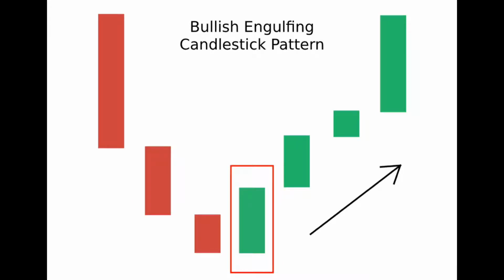Usually the names are given to these candlestick pattern formations based on the second candlestick, or based on where the direction of the trend is going to go. And these candlestick pattern formations should be used with other confirmation. It shouldn't be used as it is.